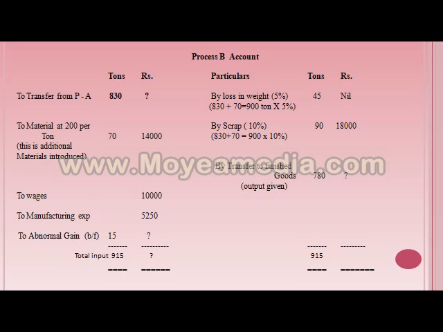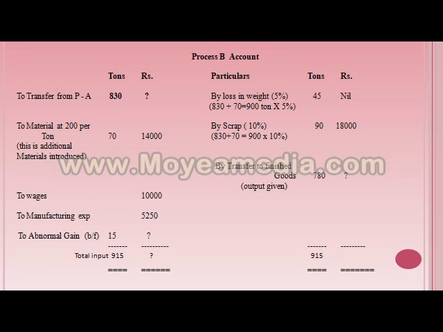As given in the direction of the sum, for process B the scrappage is sold at the rate of 200 rupees per ton. So we have 90 tons. If sold at 200, it will fetch a value of 18,000. And the output of process B is given as 780 units.